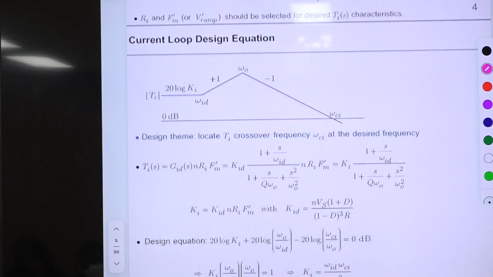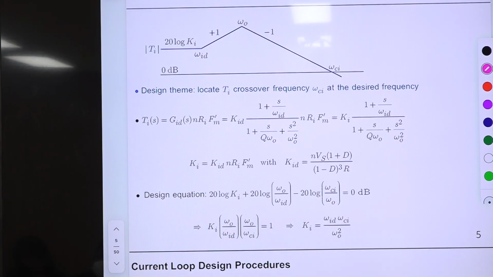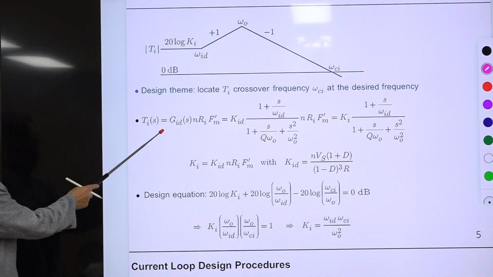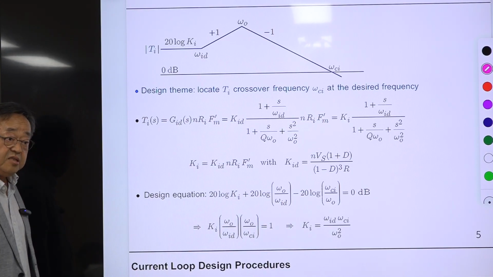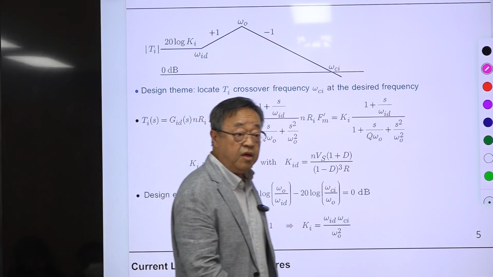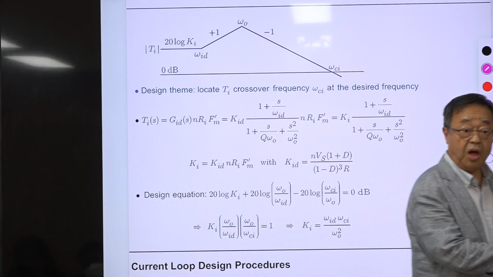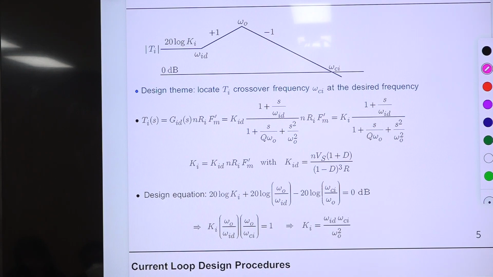Okay, and we went through this. This is the asymptotic plot of the current loop, which is the product of 3 transfer functions: Gid(s), and Ri is the current sensing network gain reflected from the primary side to the secondary side.